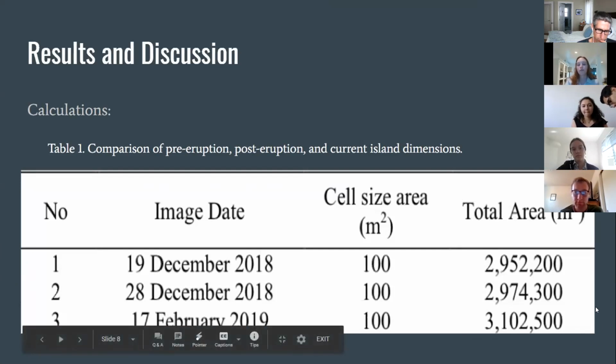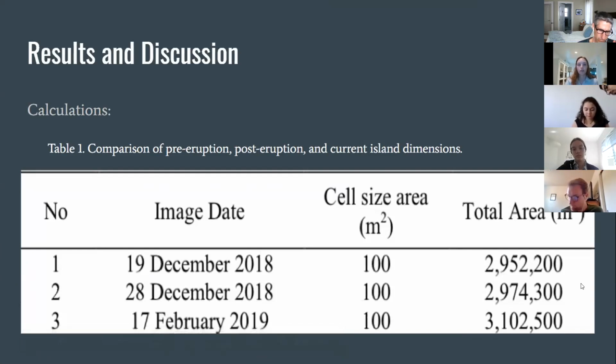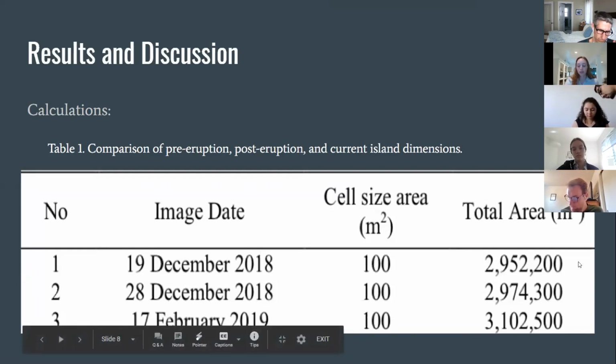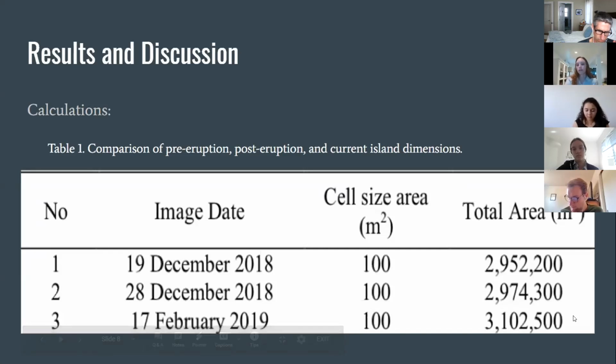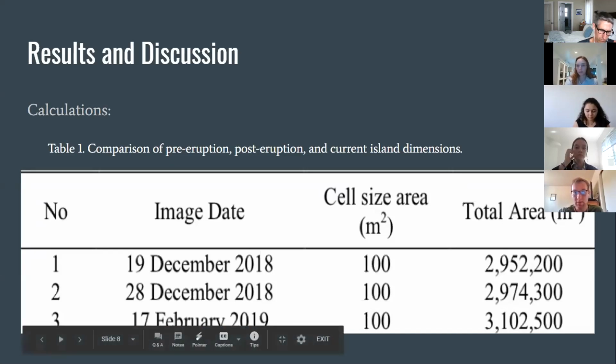They found that the land gain from pre-eruption to post-eruption was around 22,100 square meters, and the total area gain from pre-eruption to the current conditions at the time of the study was about 150,300 square meters, which is quite significant.